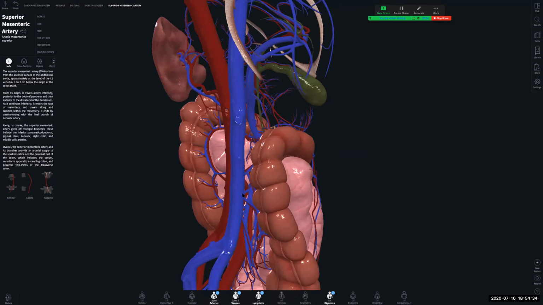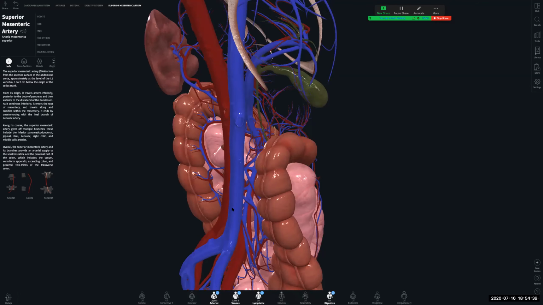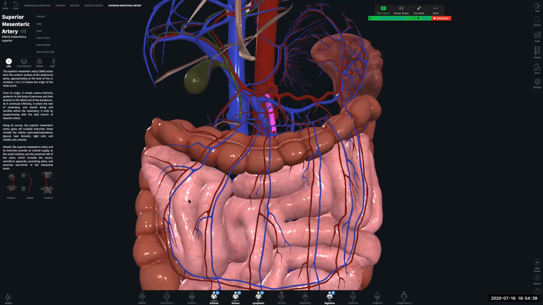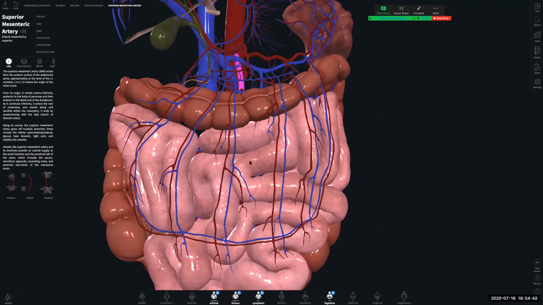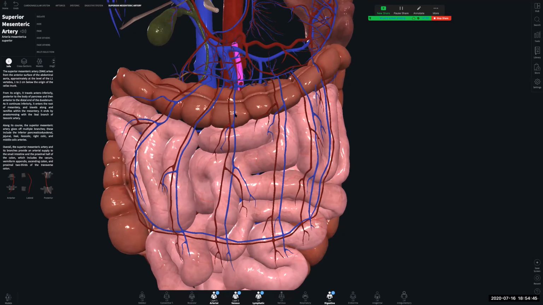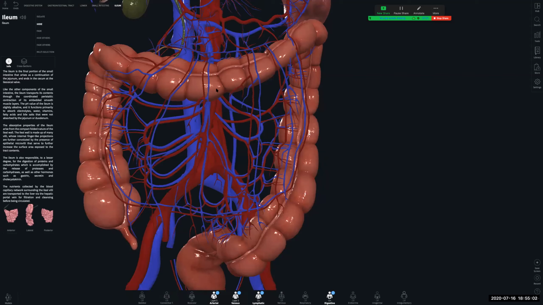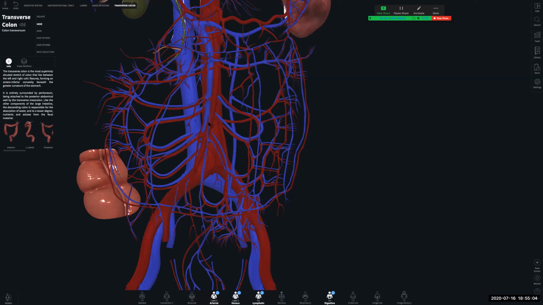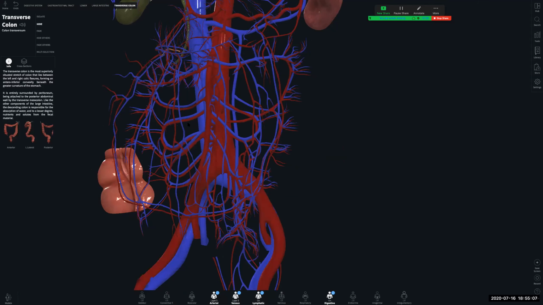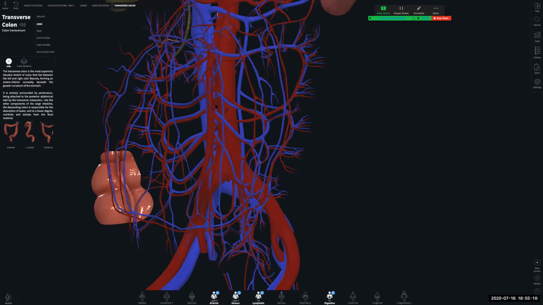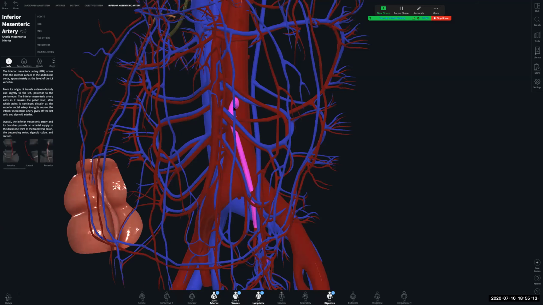I'll try to show you the side view. You can see all these blood vessels that are draping over the intestines. These are actually all branches mostly coming off of the superior mesenteric artery. And here we have the inferior mesenteric artery.